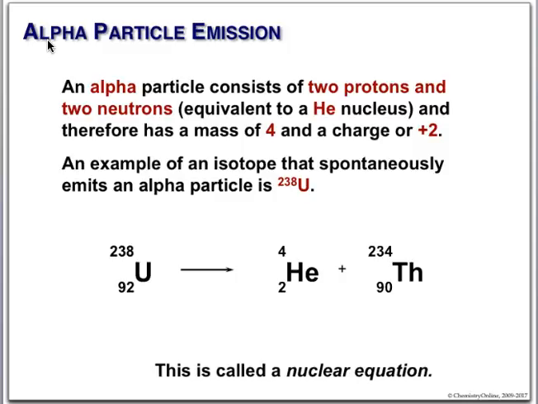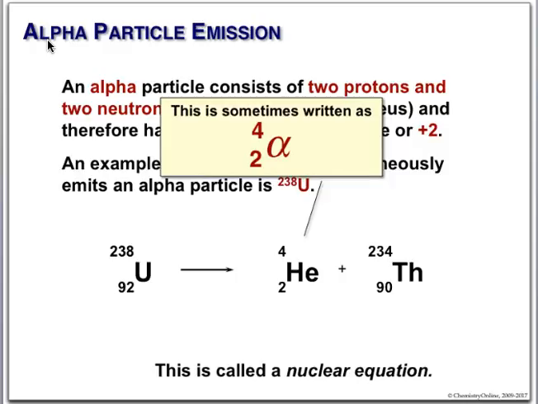And when it does that, we will form thorium. If you look at this, this is called a nuclear equation. In a nuclear equation, this is also sometimes abbreviated as an alpha. I would typically do He. So either one will show up. Sometimes this will show up on a quiz. Typically on exams, I would do this one.